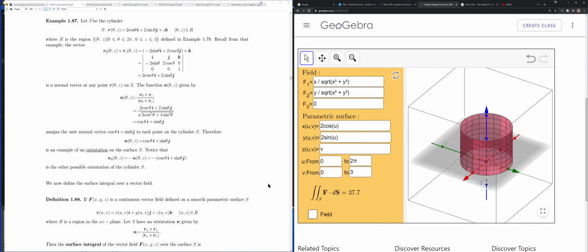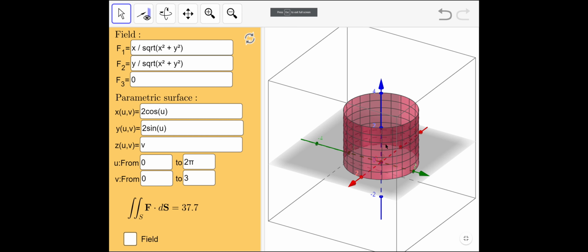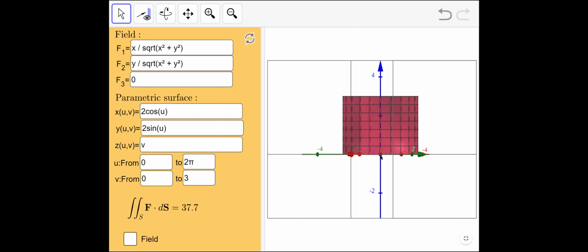For example, this parametric surface over here with 2 cos theta, 2 sin theta, and z, we saw previously that this is a cylinder centered around the z-axis. It's a cylinder of radius 2, and the height goes from z equals 0 to z equals 3.